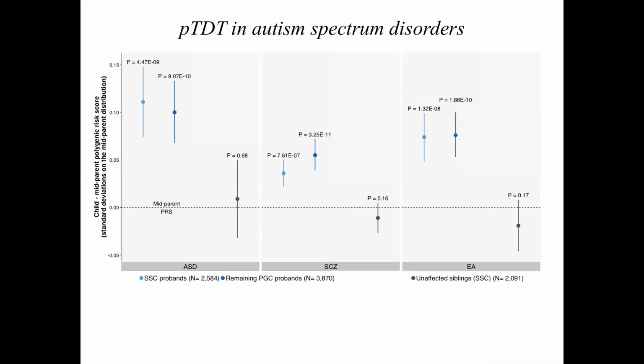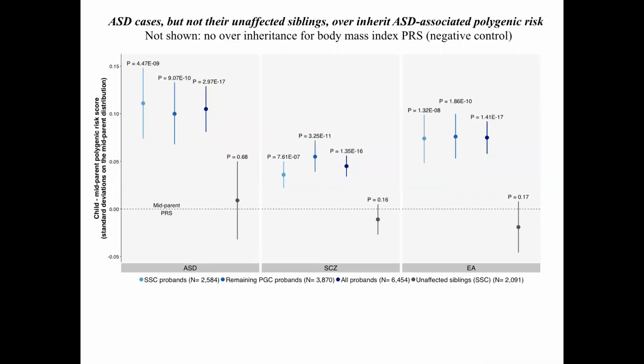We were able to replicate the primary finding in the Simons with the remaining nearly 4,000 families in the PGC. And then we combined the Simons and the PGC cohorts for our downstream analyses, stratifying by sex and IQ.